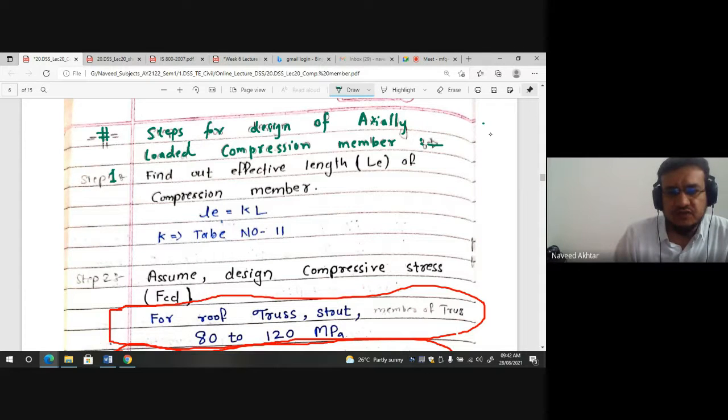Find out the effective length of the section. It is very important: KL is equal to K times L. So from Table 11 of IS 800:2007, you can find the page number, I think 45, and find the effective length.